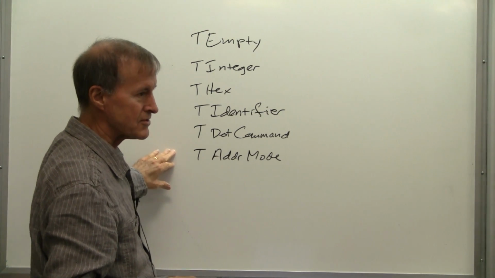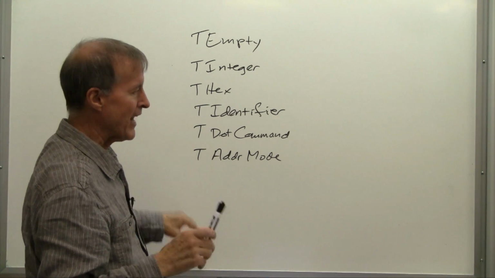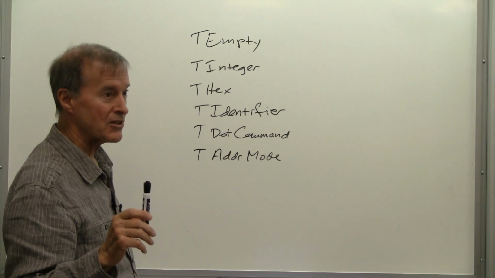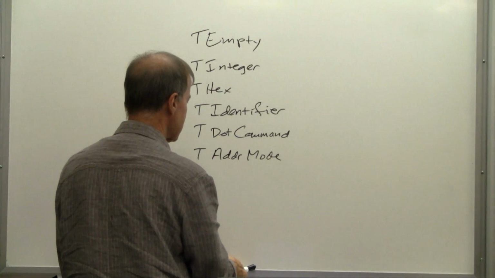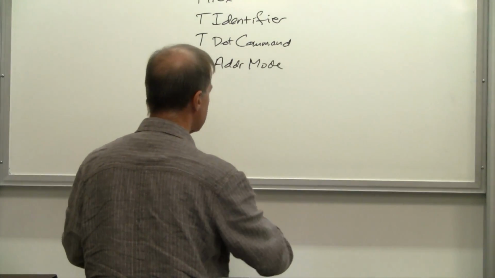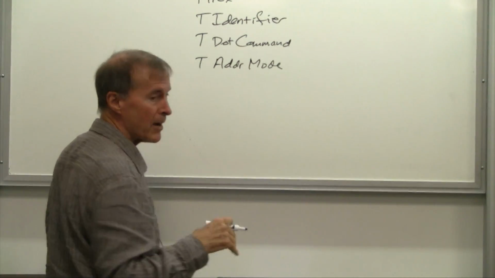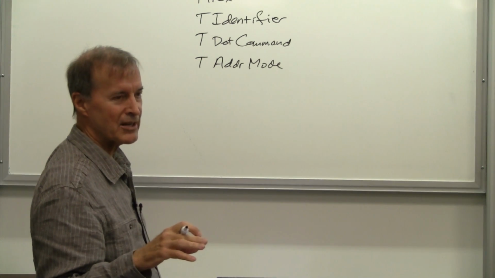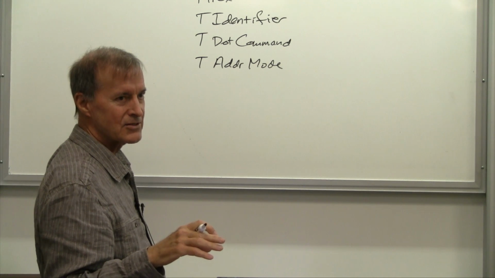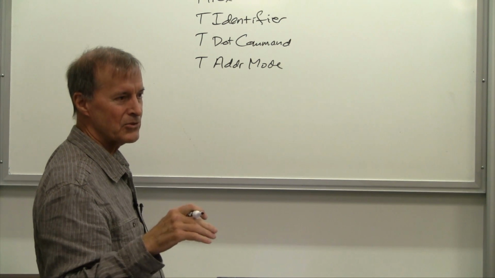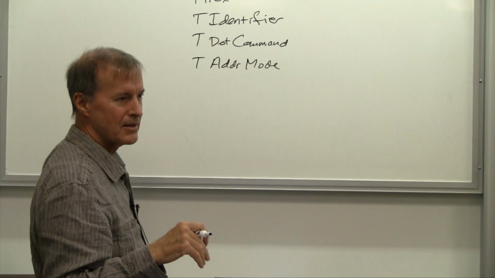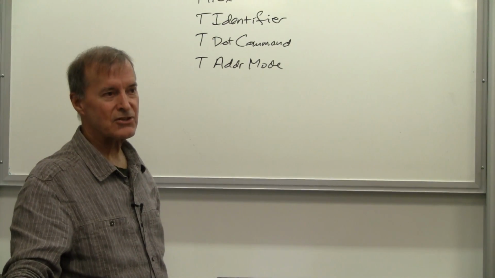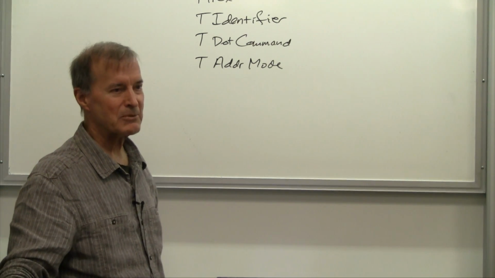And each transition on that is going to be on one of these tokens. So now let's review what some of those assembly language statements can look like. Suppose, and by the way, fortunately for you, we're not going to implement symbol tables, so you don't need to do a symbol colon. I challenge you to do that. I had a student last year who did the whole thing with the symbol table.